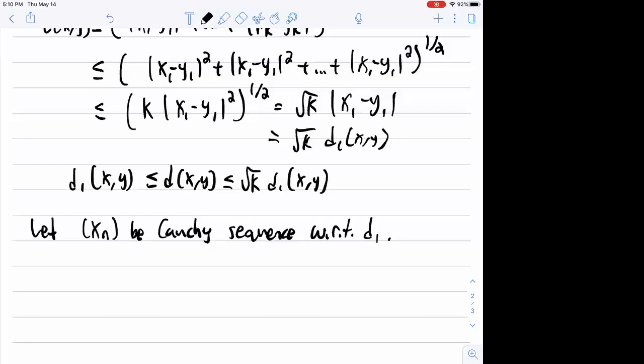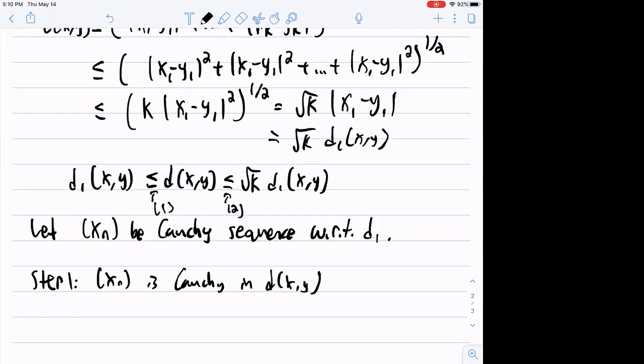So step 1: xn is Cauchy in d of xy. This will follow from 2.